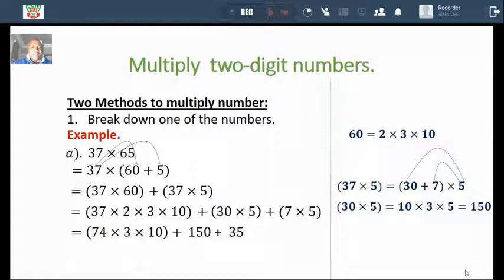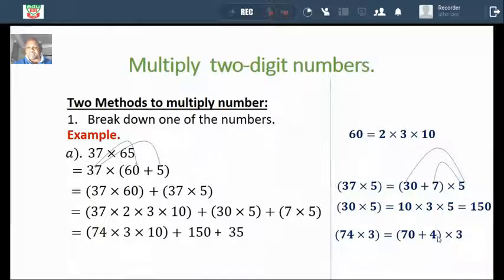Okay. Now from here, you can see that we're starting to have numbers that look a little bit easier to work on. Throughout the two, we take 74 times 3 on a chop line so that we can work on it again. Now, when you take this 74 times 3 on a chop line, we work it the same way, breaking down this number. 74 is 70 plus 4.